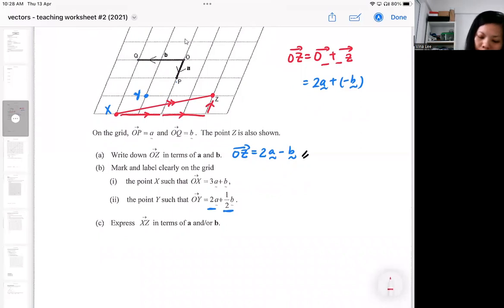If you look carefully, this one is a minus B, this is also a minus B, and this is a minus A. This is going up, A is coming down. So essentially, XZ should be minus 2B minus A.